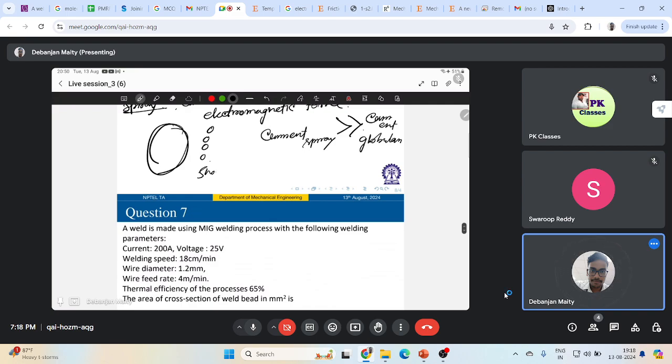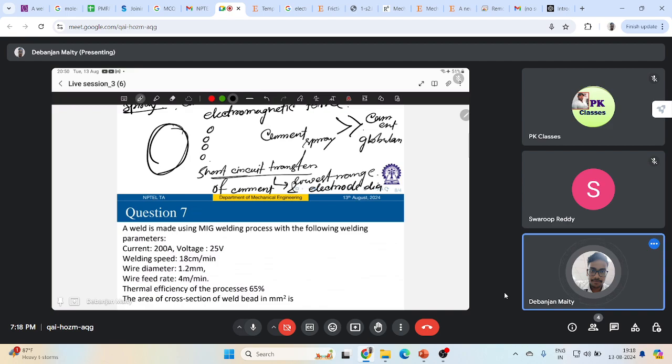So short circuit transfer is characterized by lowest range of current and electrode diameter, right?